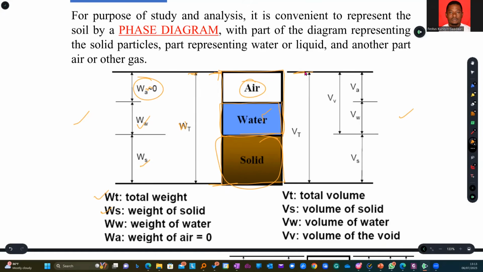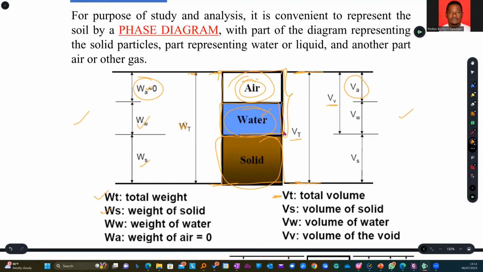And for the volume, the entire material placed inside a cylinder or any container that helps us measure its volume, we term that the total volume, VT. Then we have the volume of voids, representing the volume occupied by air and the volume occupied by water.